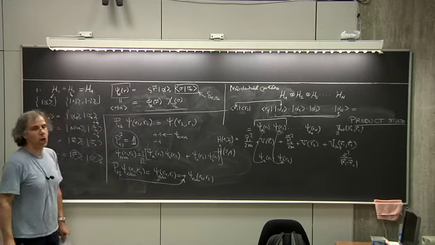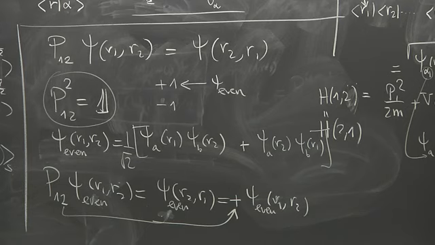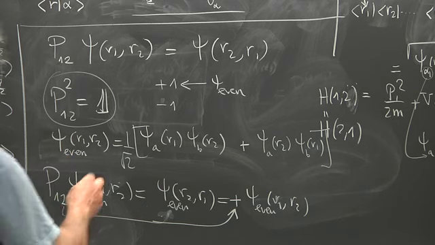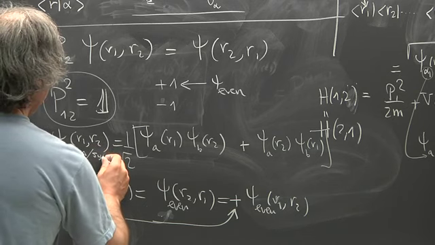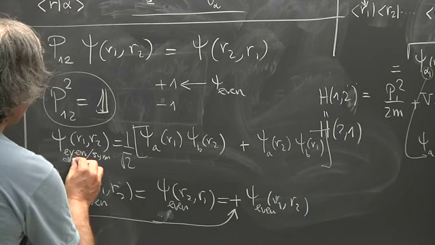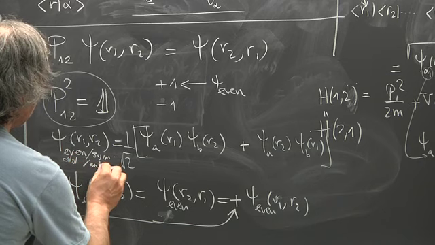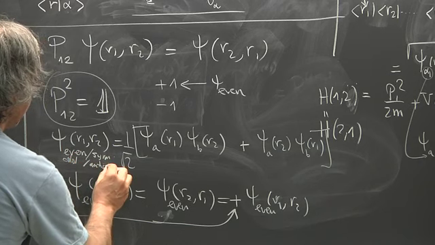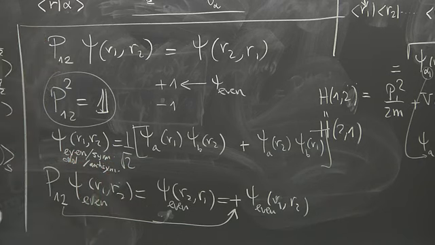Now, how do you construct an odd state? Odd under parity, okay? So an anti-symmetric state. The other is also called symmetric. Now let me construct an odd or anti-symmetric one. It's the same thing, okay? How do I do it?